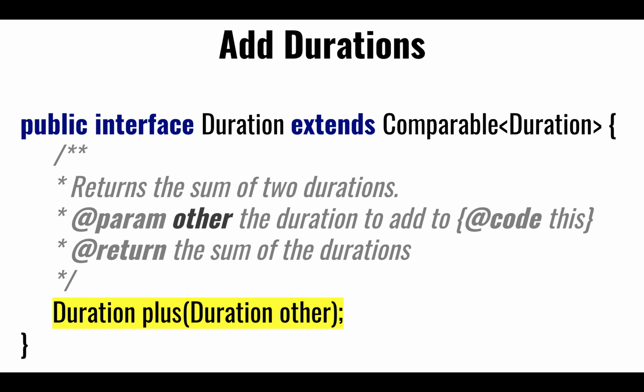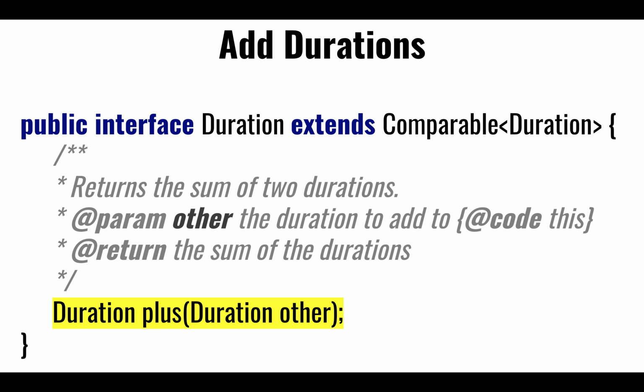Also, according to the requirements that we had agreed on, we'll implement at least one arithmetic operator that knows how to add one duration to some other duration. Typically, it would be adding the current instance of duration to some duration that you pass as an argument, and then return a brand new duration that is the addition of these two.